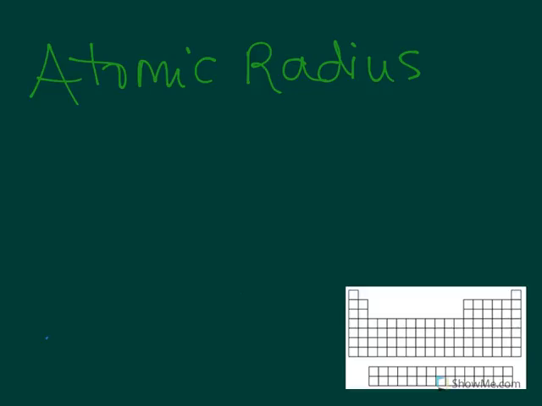Well, you might be asking yourself, what does an atomic radius mean? Well, if you've got your atom and you've got protons and neutrons in the nucleus, around the nucleus you've got these shells and energy levels where electrons can be found. So I'm going to put my electrons out here.